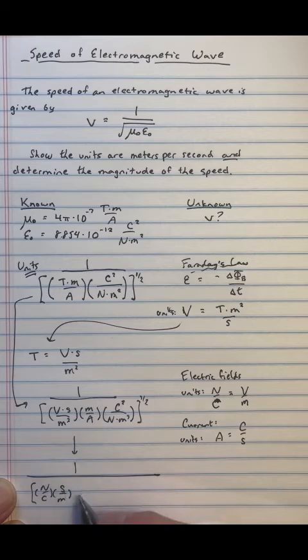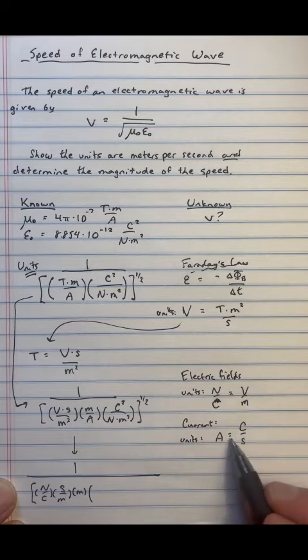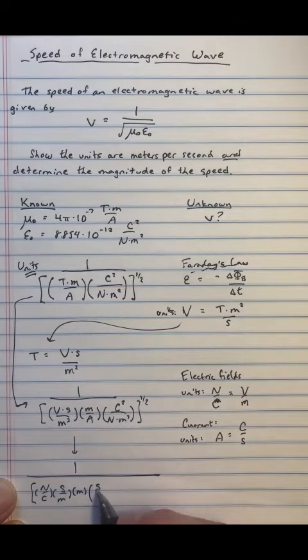I have meters here. Then there's this ampere. It's 1 over amps, so if I flip this, it would be seconds per coulomb, like that, okay? Here's a coulomb squared that we left alone, and a newton and a meter squared we've also left alone, and again, the whole thing is under a square root sign.